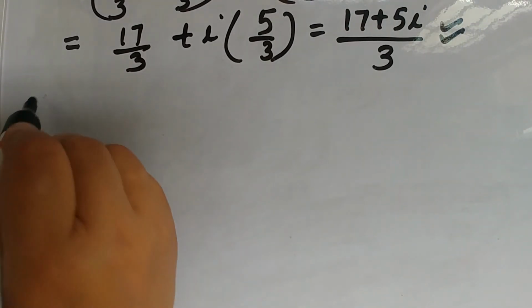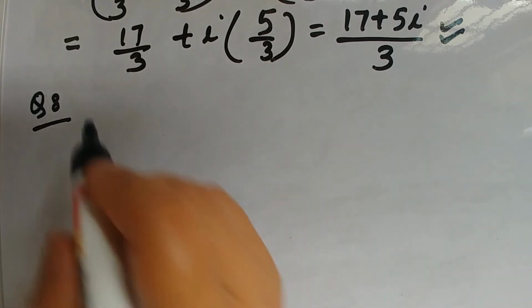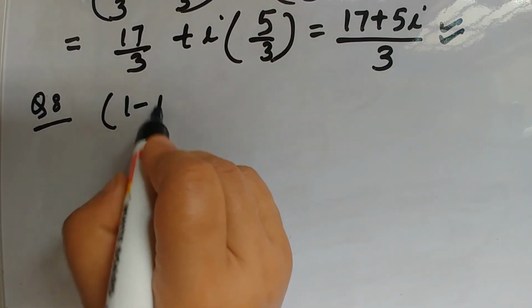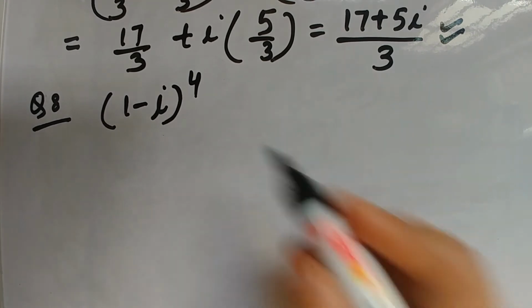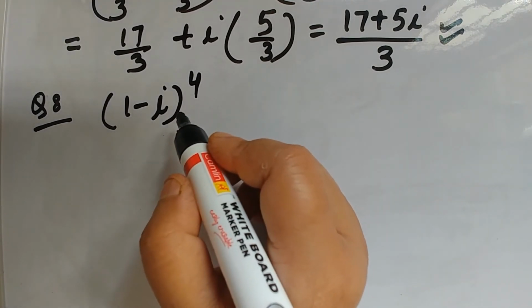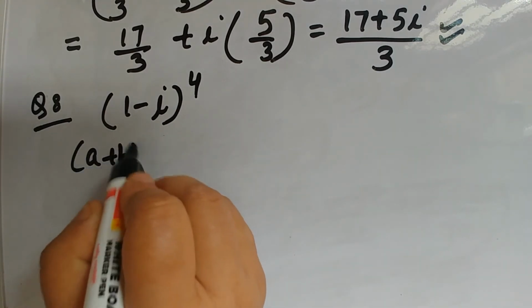So next question is question number 8. Question number 8 says how to express 1 minus iota raised to power 4 as a plus iota b. So what I can do is I can use the formula of a plus b raised to power 4.